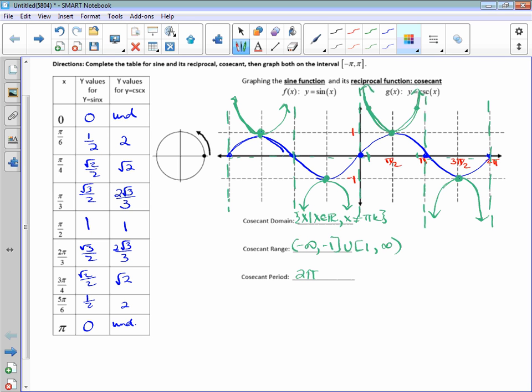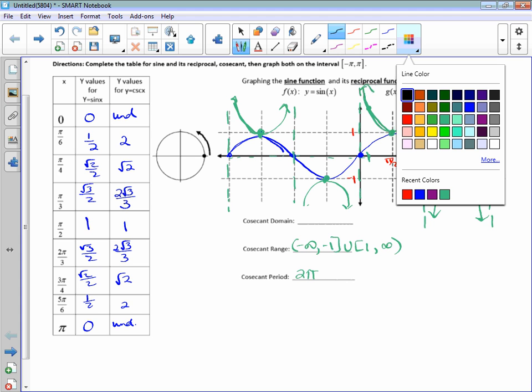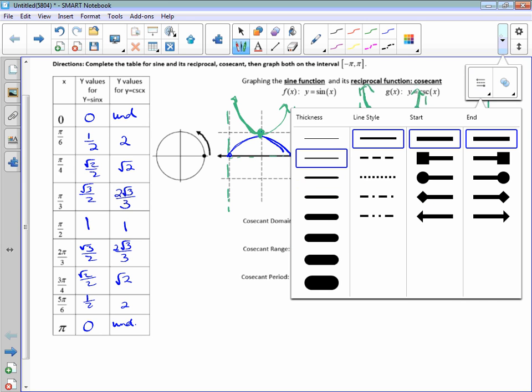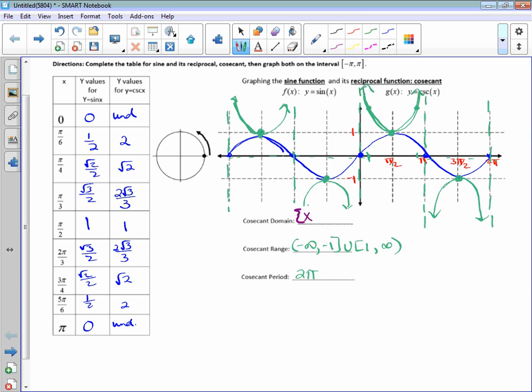Is the color bad? Let me do it in a different color. Vertical line means such that, x is an element of the reals, comma, x cannot equal pi k.